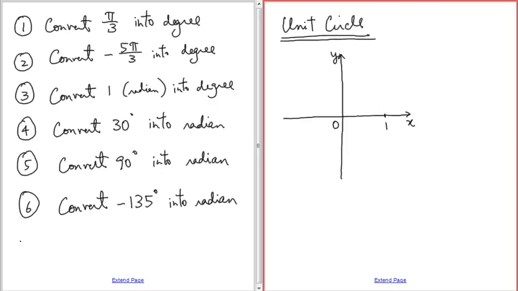And once we rotate this OP, we will generate a circle. And the radius of this circle will always be 1 unit. So this is 1. And then from here to here is also 1.